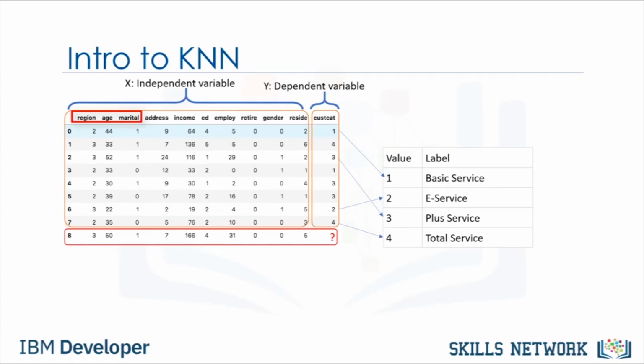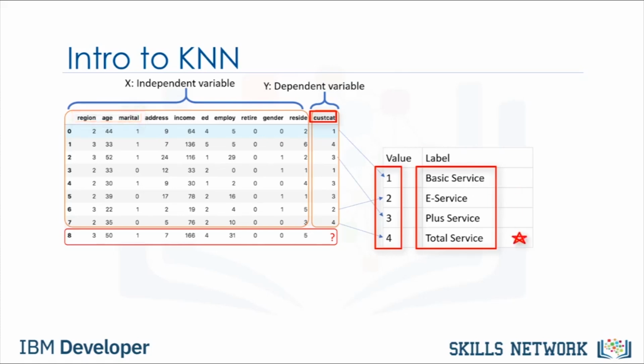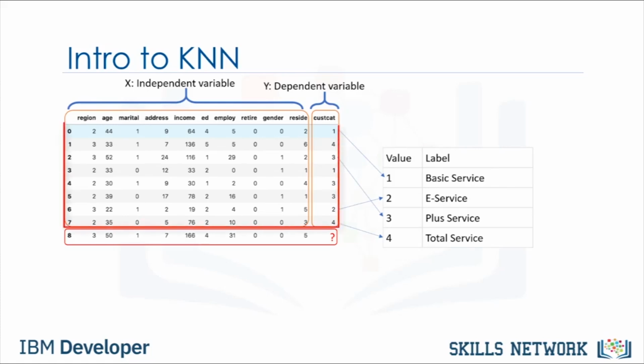The target field, called custcat, has 4 possible values that correspond to the 4 customer groups, as follows: basic service, e-service, plus service, and total service. Our objective is to build a classifier, for example, using the rows 0 to 7 to predict the class of row 8. We will use a specific type of classification called k-nearest neighbor.